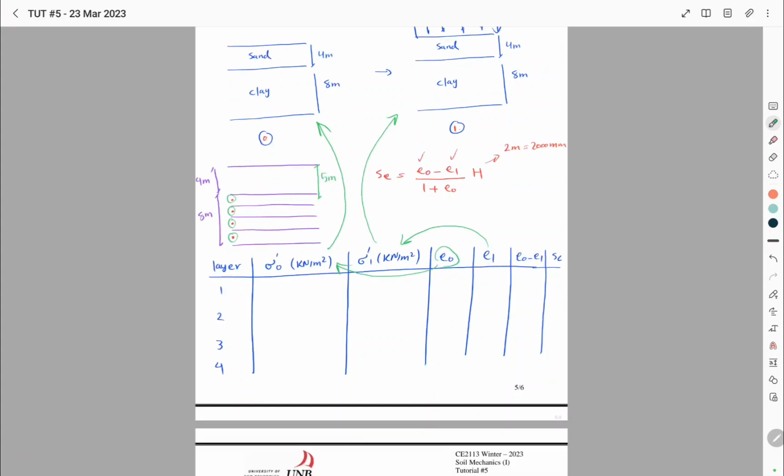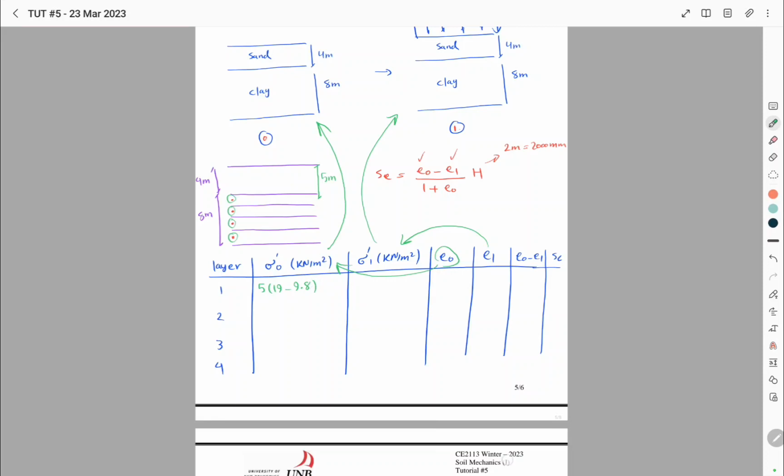Since they have the same saturated unit weight, we can use the same value for them. So we have 5 times 19, which is the saturated unit weight of the soils, and we have to deduct the unit weight of water.